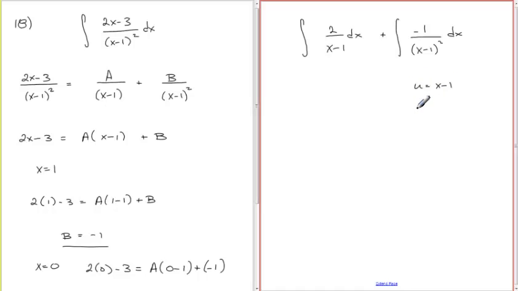So u is x minus 1, du is equal to dx. And so we have dx already up here. So the first one, we'll just go ahead and integrate it. It'll be 2 times the natural log of the absolute value of x minus 1. The second part, we'll have the negative sign, which I'm going to just put out front. So this -1 just comes out front as a negative sign.